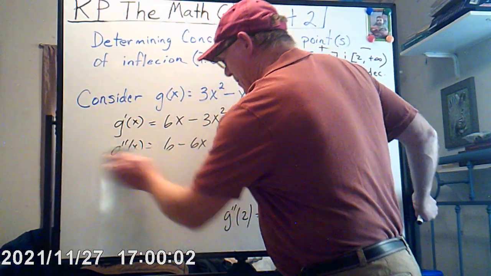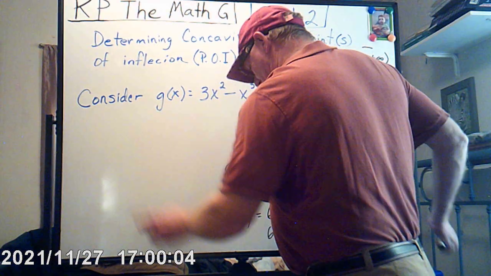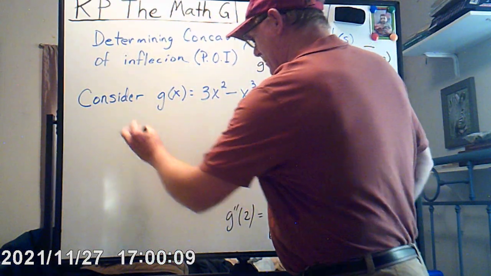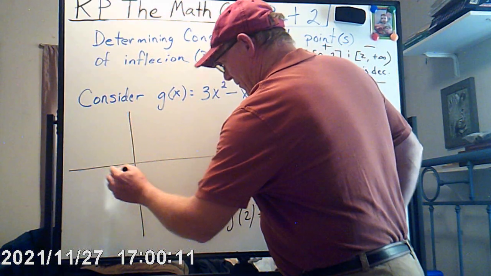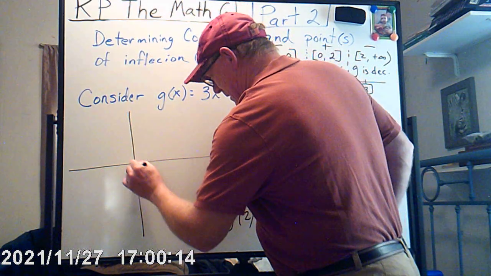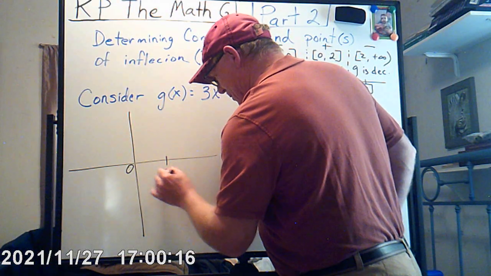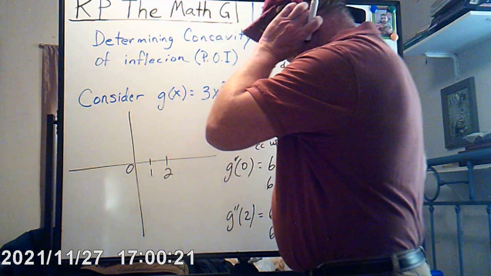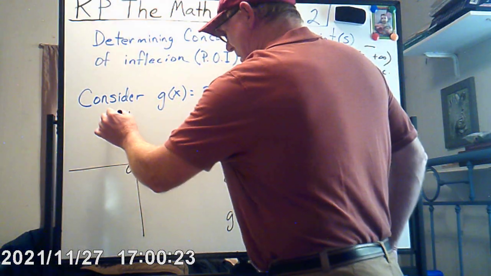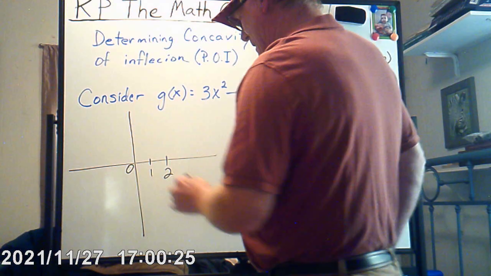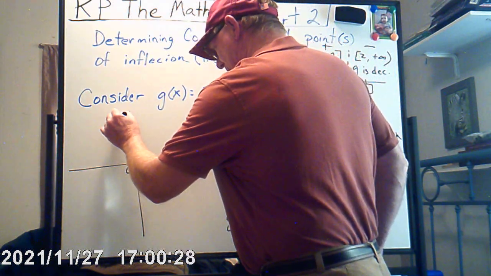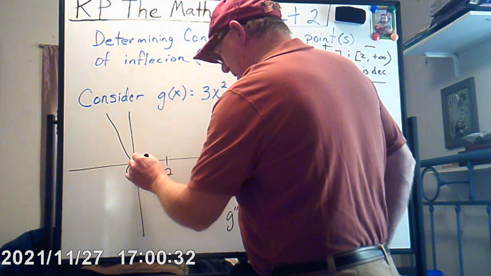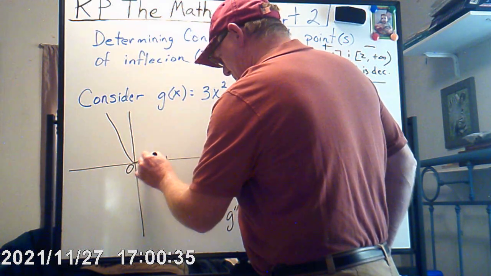One more time, remember what the graph looked like last time. I wish I hadn't needed to erase it. All right, here's 0, and then here's 2, and I'm going to put 1 right here. The graph did something like this. It went down to 0, coming right here, and then it curved upward, like here.